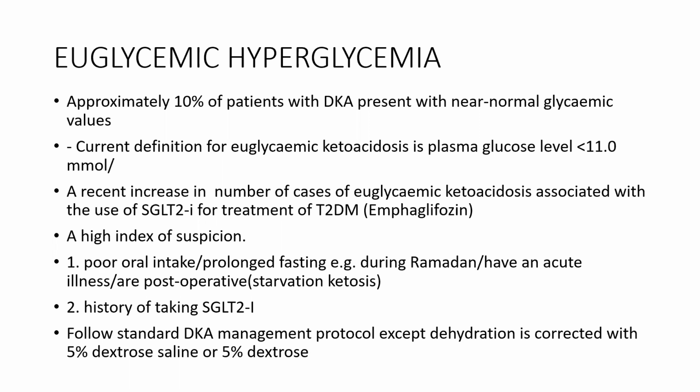There is a recent increase in the number of cases of euglycemic ketoacidosis associated with the use of SGLT2 inhibitors for treatment in type 2 DM, whereby empagliflozin is being mentioned.